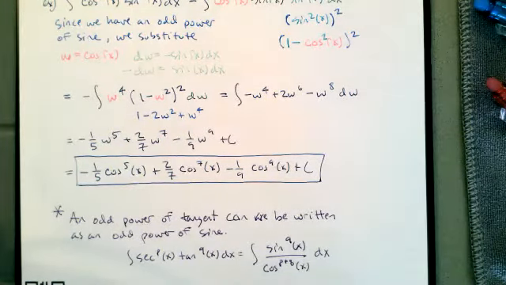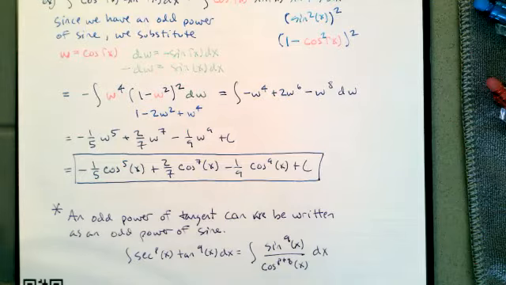And if q is odd, I can make the substitution W equals cosine. So in this case, if q is odd, now we're in the sine and cosine analysis. So this leaves us with just 2 non-substitution cases.